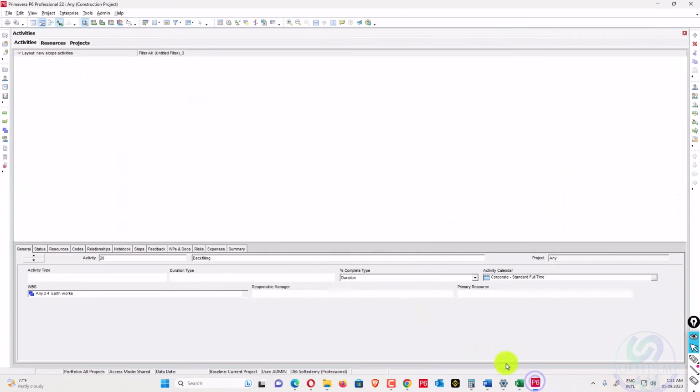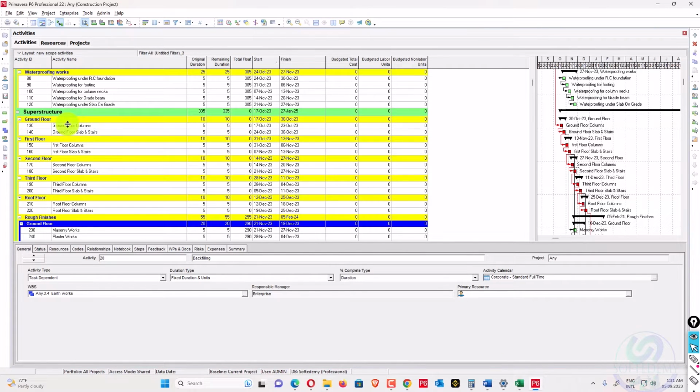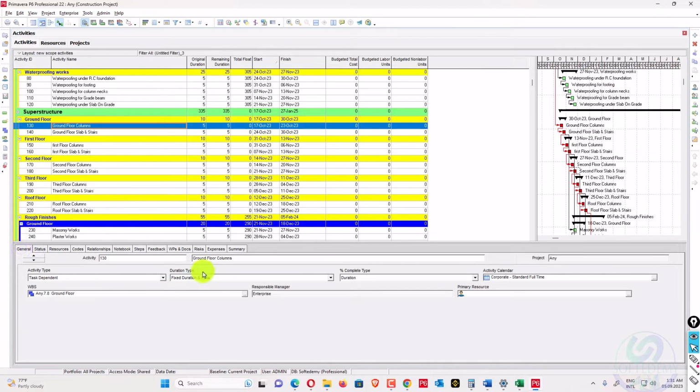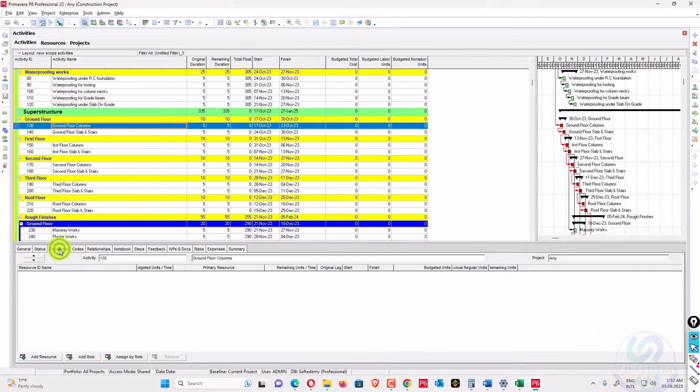So how can you add this in Primavera P6? If we have a quantity here, ground floor columns, after dividing that quantity by the productivity rate, you will get your budgeted units. The duration type will be fixed and the units will also be fixed, because we have calculated those units in our resource loading sheet. So we'll add a resource here.